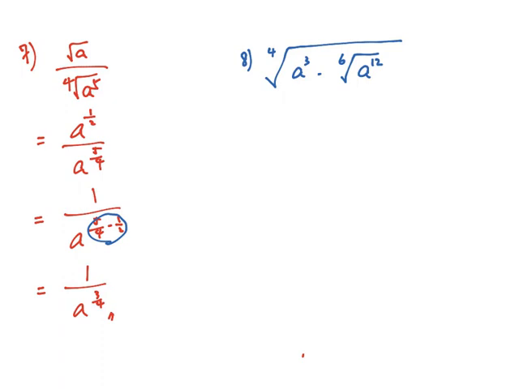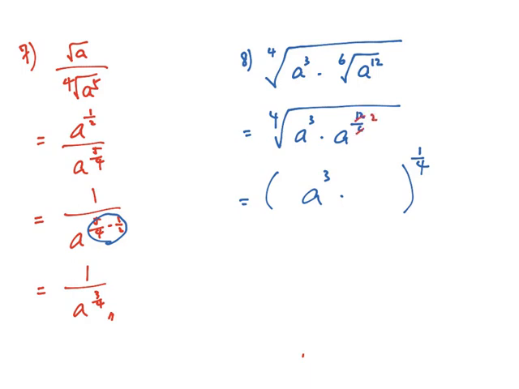For question 8, we'll do from in to out. So from the inner part, a to the power 3 times a to the power 12 over 6. Next, actually we can do it like this, because of the 4th root, so we become 1 over 4. And then 3 times, because 12 and 6 can be divided, so it becomes 2.